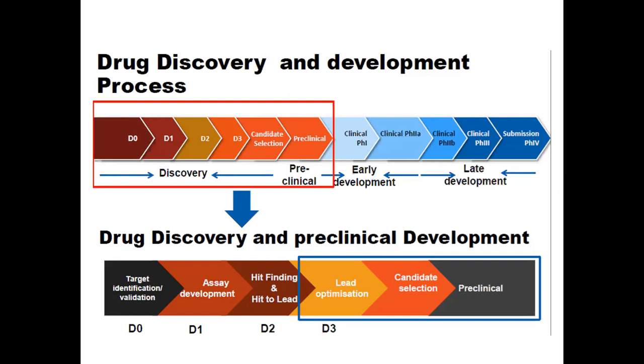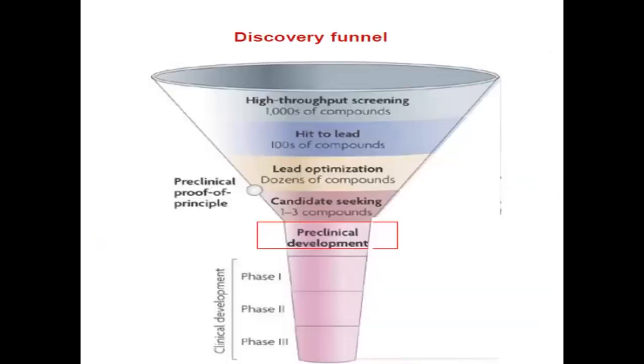We know there are lots of DPP4 inhibitors now available in the market, and this is how they came into the market. But we can see from this diagram the discovery tunnel. Initially, before hit to lead, there are thousands of compounds, but after being screened and screened, from hit to lead there are only 100 compounds.